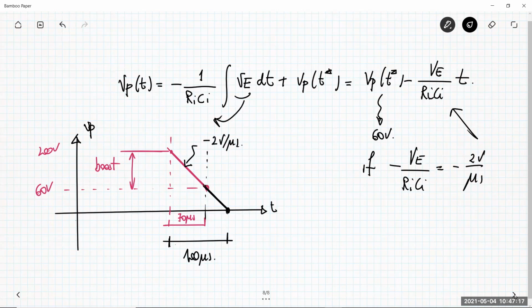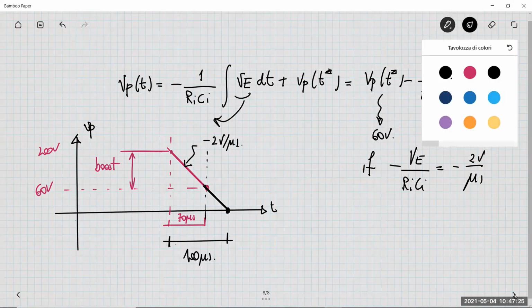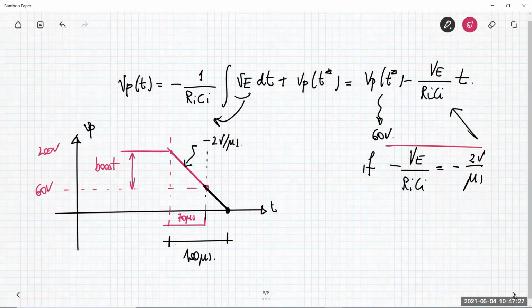So I have effectively the behavior I'm expecting for my timing interval. So I have to use this expression to design the voltage VE, the resistor RI, and the capacitor CI.